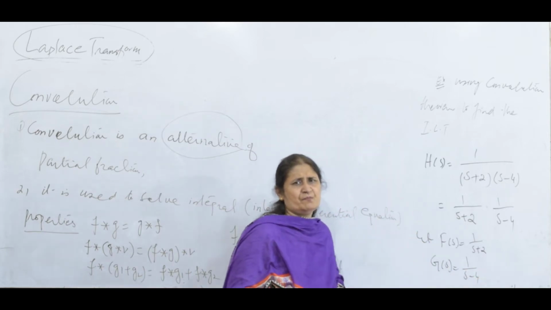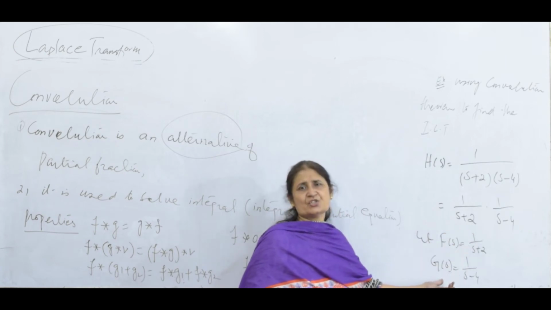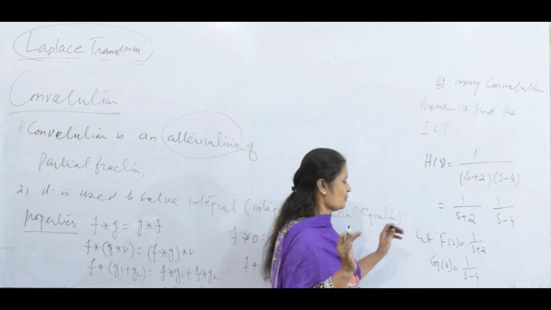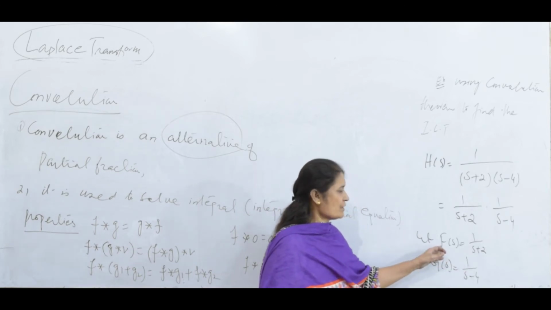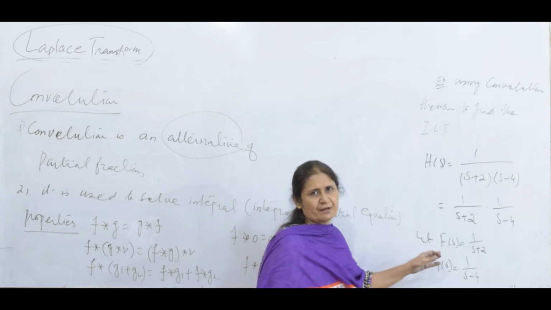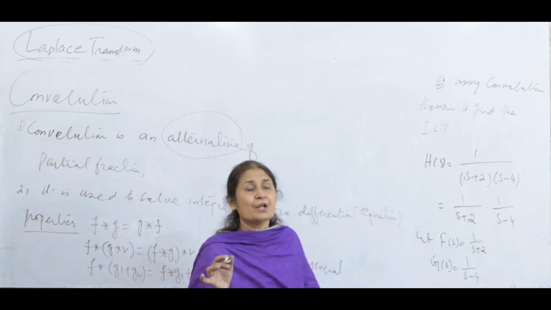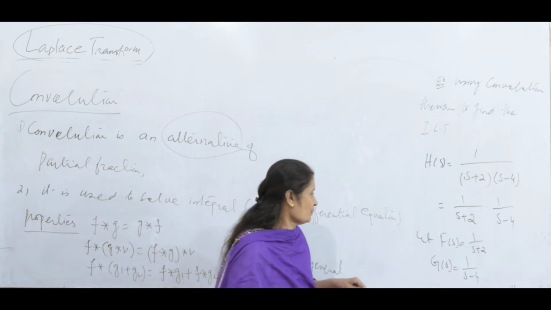You name one function as f of s and the other as g of s, according to your choice. You could use p of s and q of s, whatever it is. Since they are functions of s, you write the capital letter. Whenever in Laplace transform the capital letters are written, it is going to be a function of s.